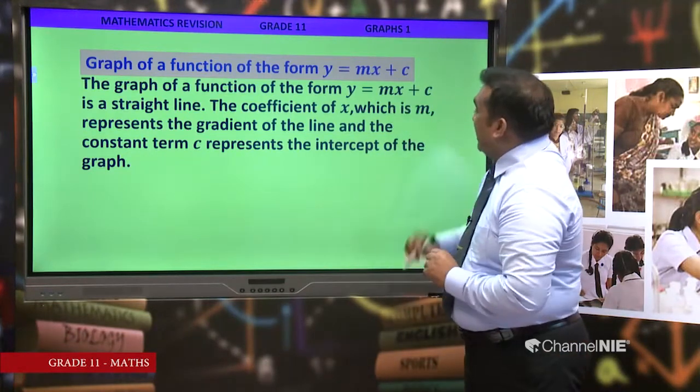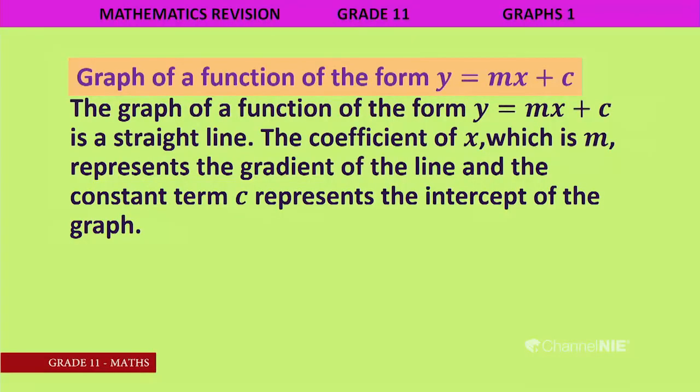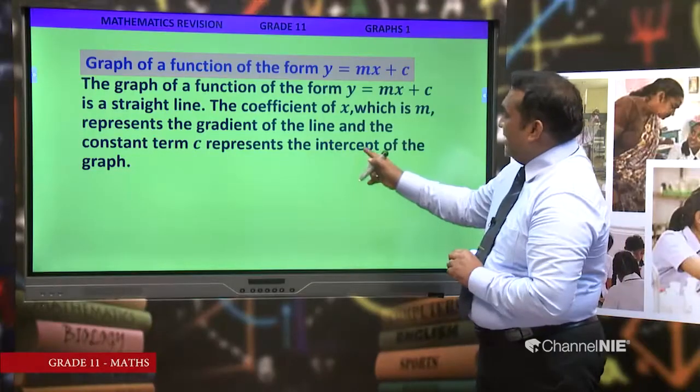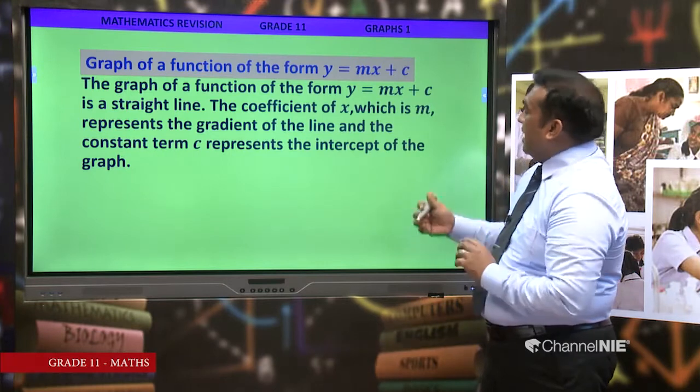Here the gradient is m. The coefficient of x, which is m, represents the gradient of the line, and the constant term c, which has no variable and is a numerical value, represents the intercept of the graph.